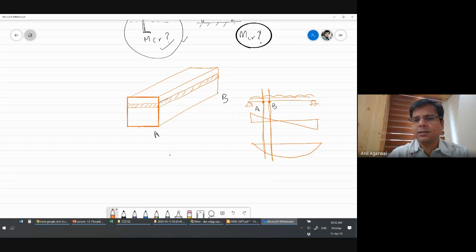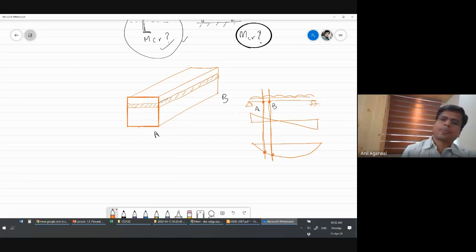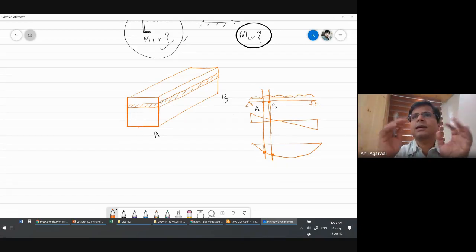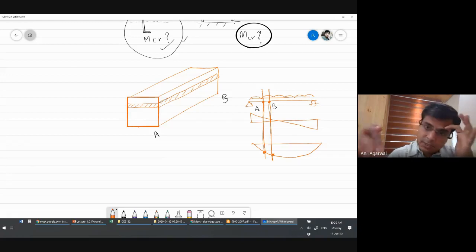Now, as you can see, the bending moment at A is less than the bending moment at B. Agreed? That means the corresponding stresses at B will also be higher. Which stresses?